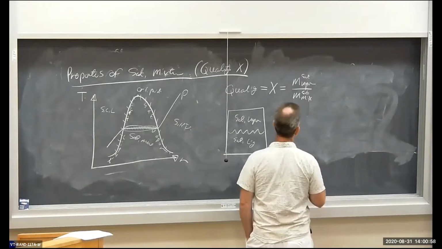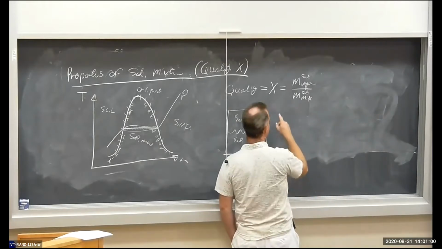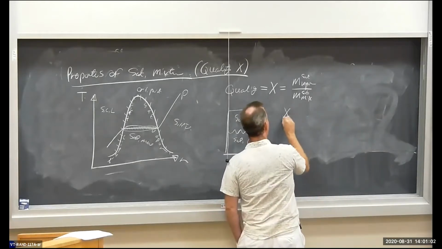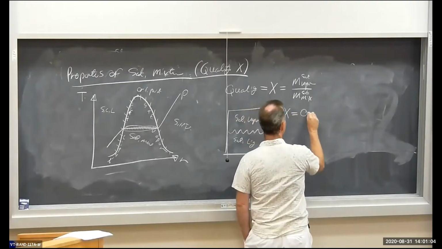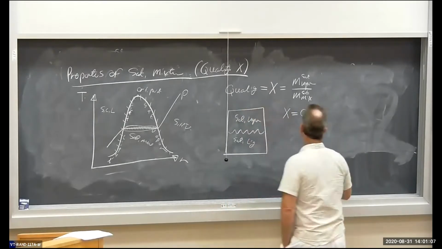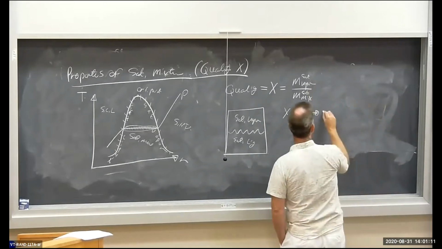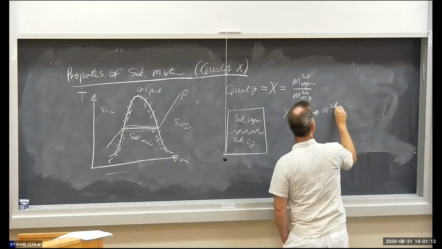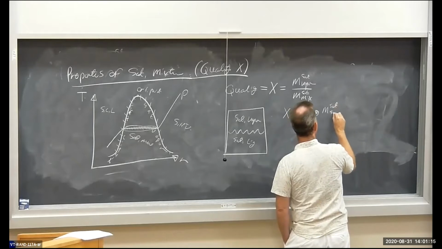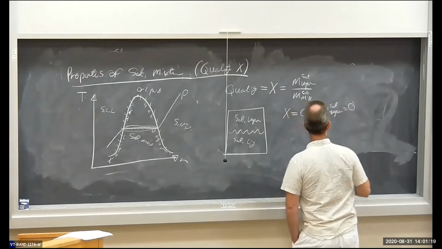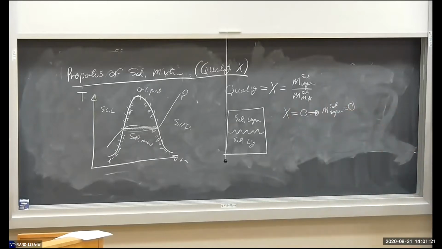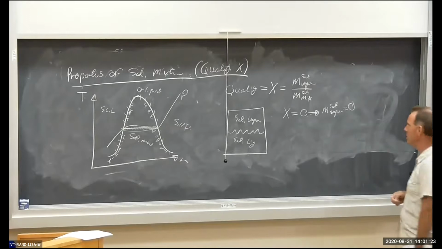Now I want to show you some limiting cases for quality. When quality equals 0, that means the mass of the saturated vapor component is 0. There's no saturated vapor in the mixture.